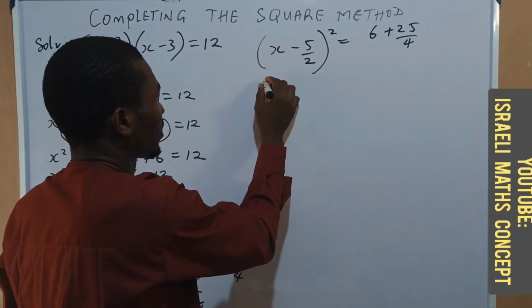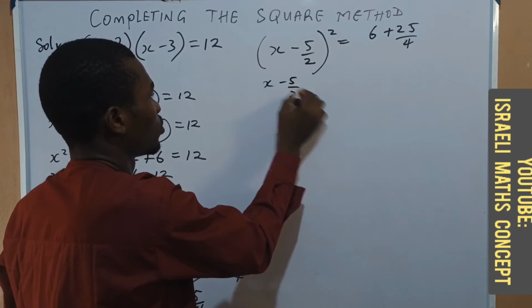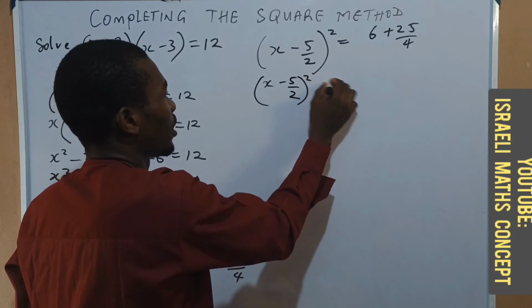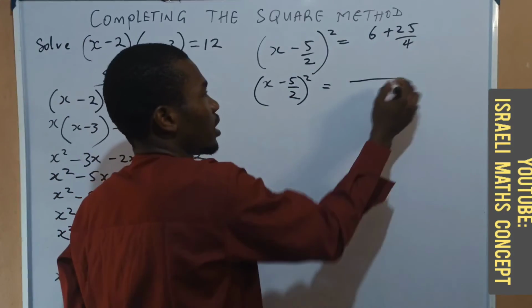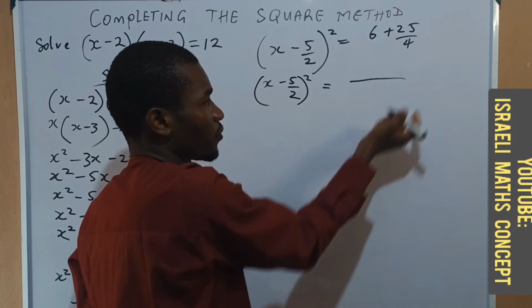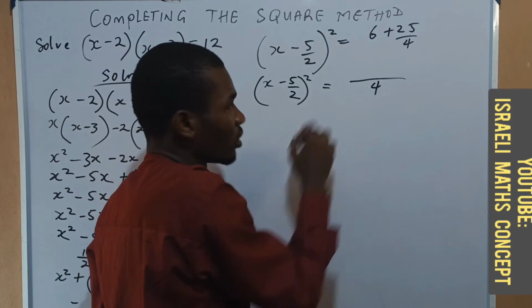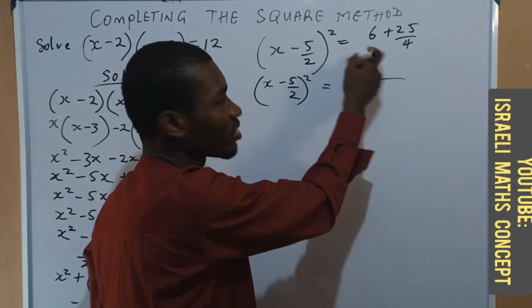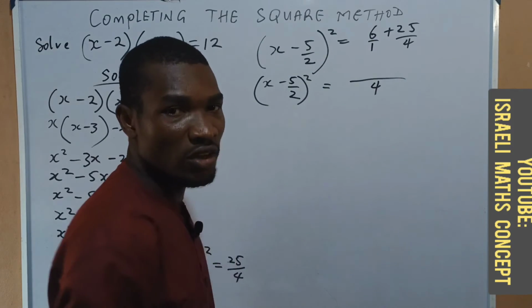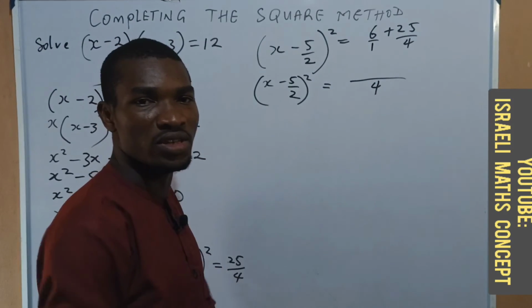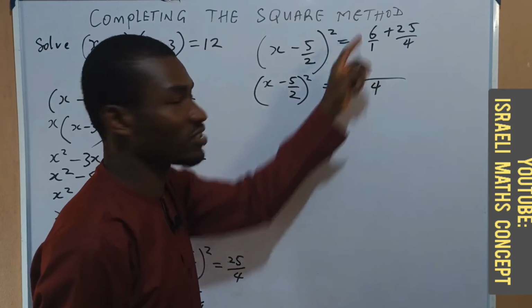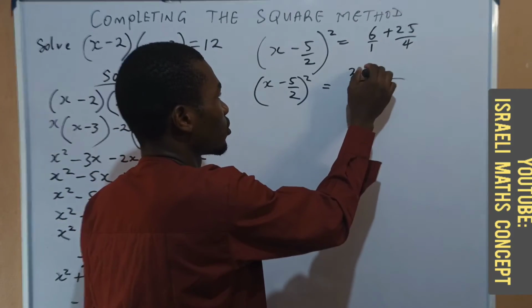Then I can now say that this is x minus 5 over 2 all squared, and that is equal to the LCM of the denominator here, which is 4, is still 4. Then remember, 6 is the same thing as saying 6 over 1, such that 1 divided by 4 is still 4, and 4 multiplied by 6 will give us 24.